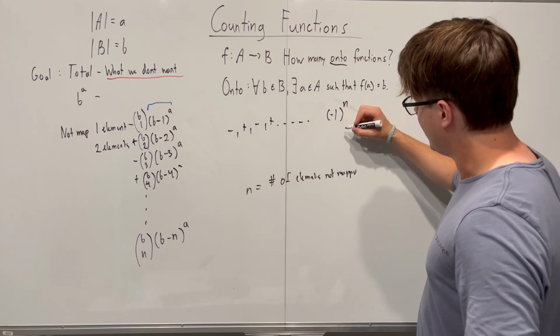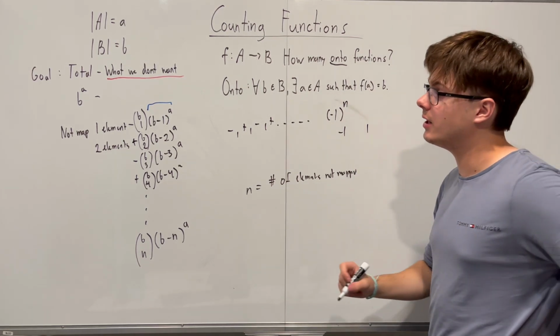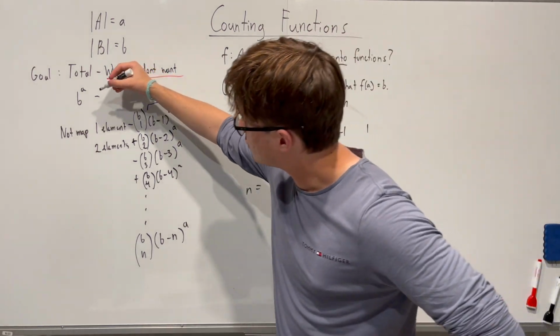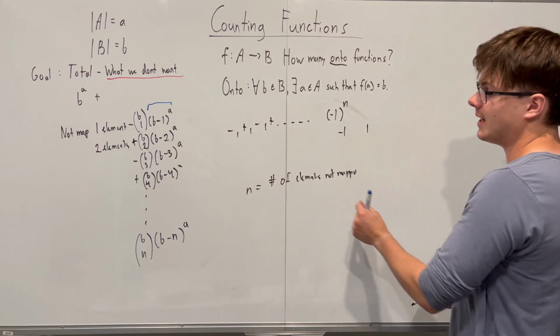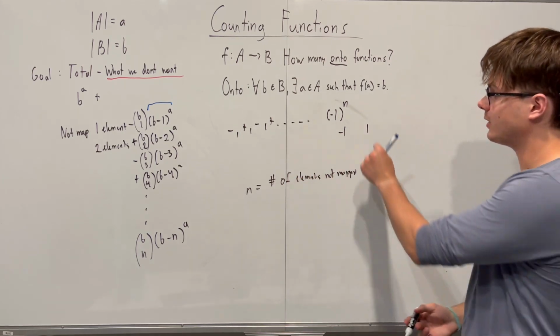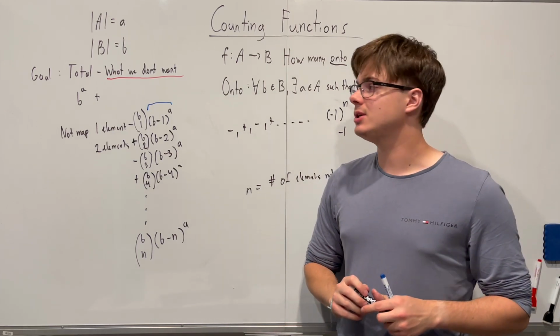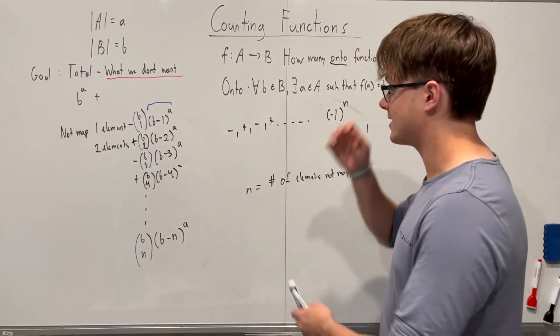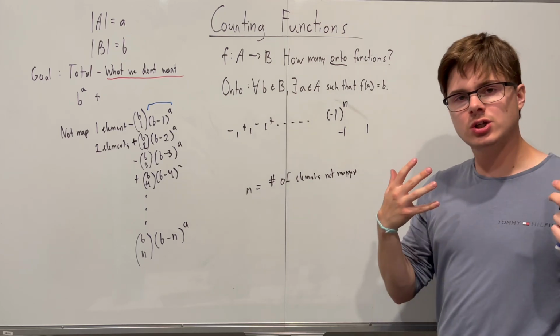Right? When n is odd, it's just going to equal -1. When n is even, it's going to equal 1, which means we really can just turn this into a plus sign. We're going to add. So when something is negative, we're going to subtract, and to fix the double counting, we're going to add again. This is the last piece we really need to figure out this red part: to fix the double counting, we're going to have to add this part in. So what is our total going to look like?